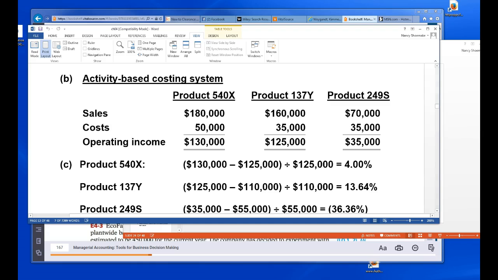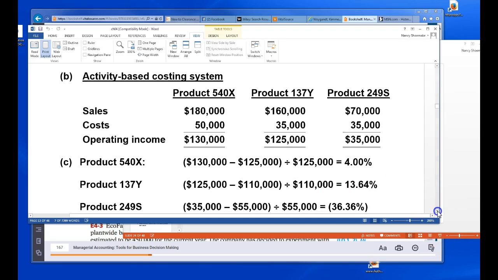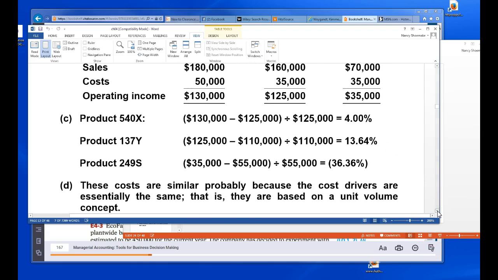So again, we can go in here and see that the variance here was 4% with product 540X. The product 137Y had a 13% variance, but our product 249S is a negative 36% difference, which can dramatically affect production.